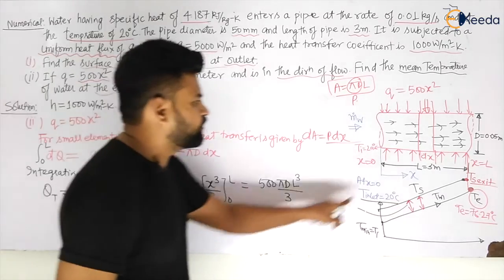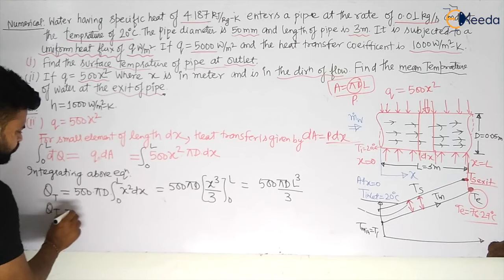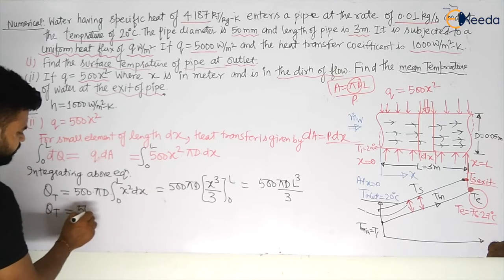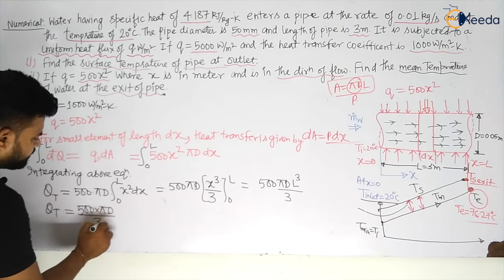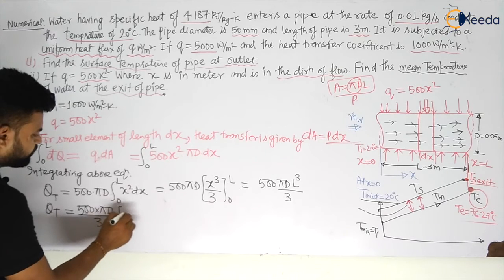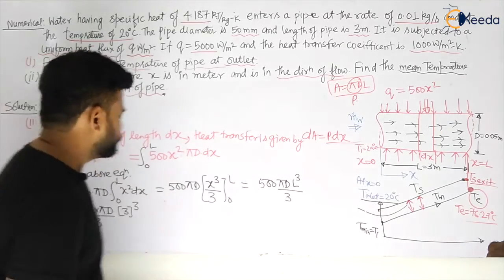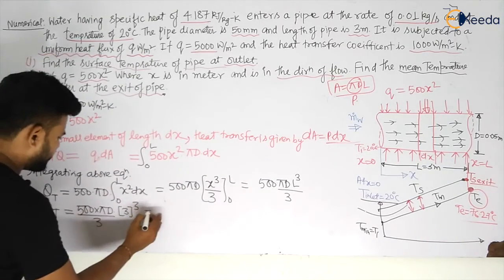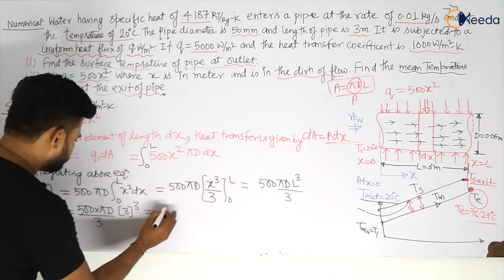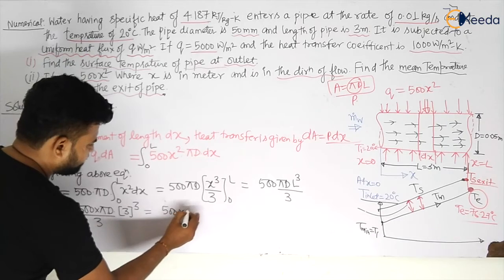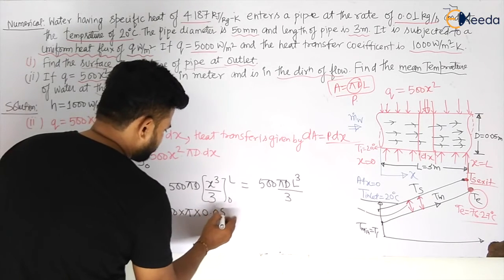And what is the length of this tube? 3 meter. So let us calculate the total heat. Q total will become equal to 500 into pi d divided by 3 into L cube, that is 3 to the power 3. So one 3 will go, and I will be left with 9 only. So this will become 9 into 500 into pi. What is the value of diameter? That is 0.05.